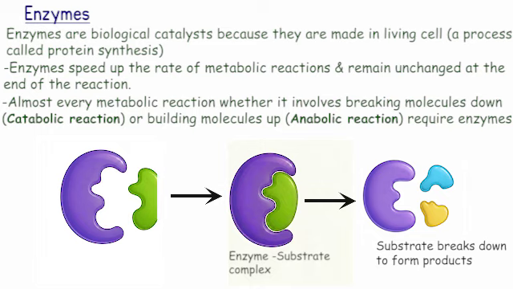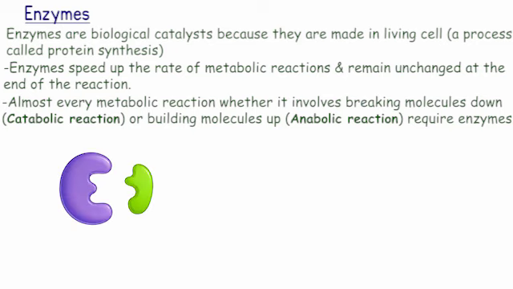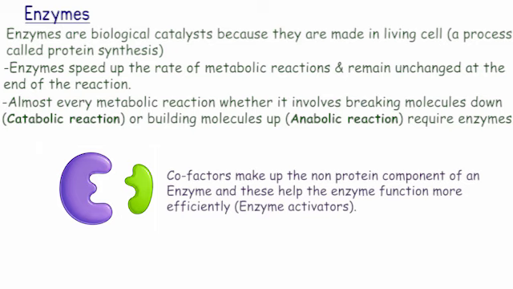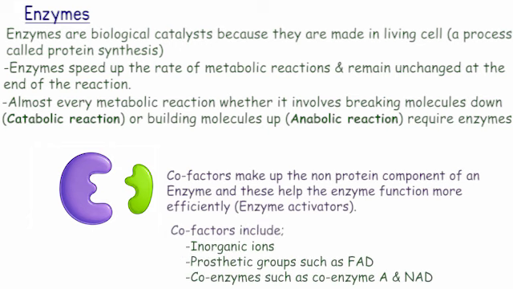Okay, now I told you enzymes are protein in nature. Now, enzymes also have a non-protein component, and this non-protein component of an enzyme are called cofactors. So cofactors make up the non-protein component of an enzyme, and this helps the enzyme to function more efficiently. Now, cofactors include inorganic ions such as sodium ions and chloride ions, and these activate the enzyme, so they're required.